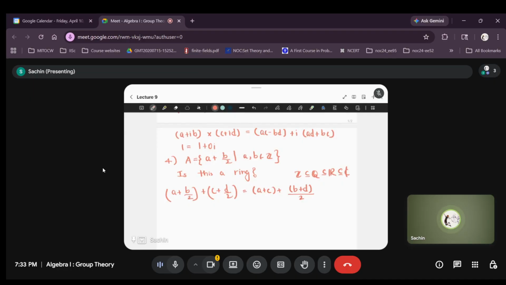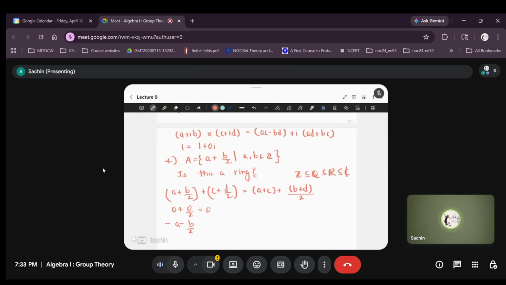No, that's not the operation. You can write 0 plus 0 by 2, which is 0, as the identity. And you can simply write minus A minus B by 2, because minus A and minus B are also integers.